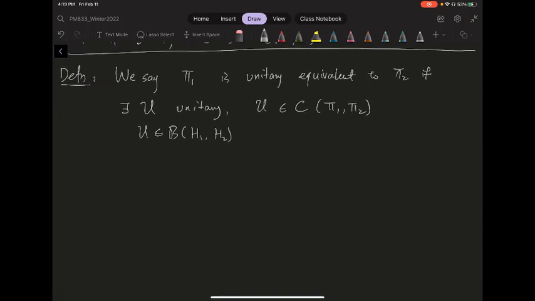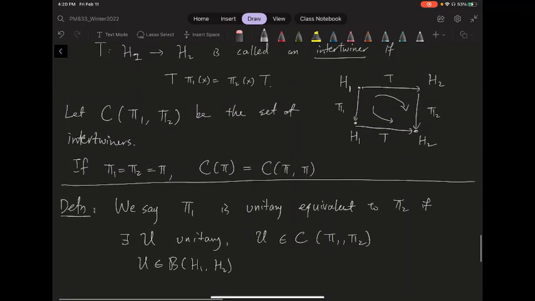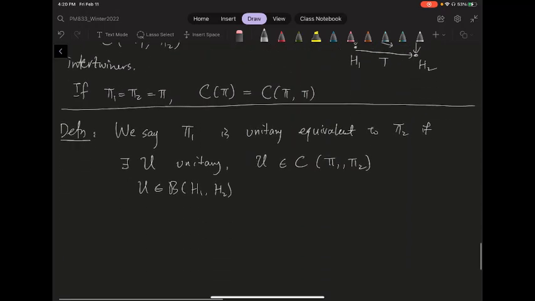If you have a unitary operator, then look at the formula we had. You apply pi1 of x and then U, and that is the same as applying U and then pi2 of x. Because U is a unitary, you can take its inverse, or its adjoint.